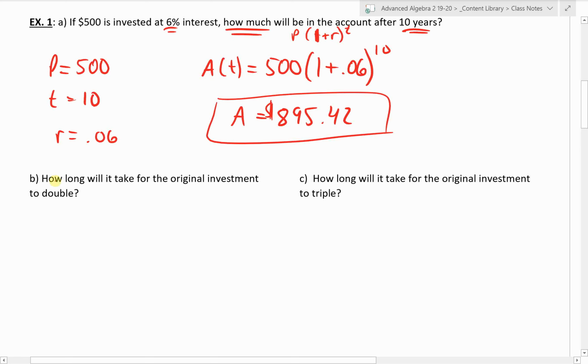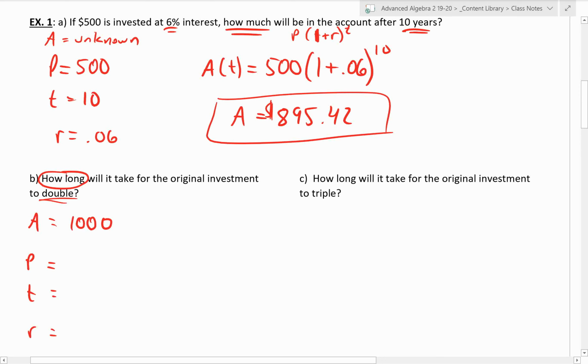So here the question is changed from how much will we have, which is a straightforward plug it in, to how long will it take, which means our unknown is going to be this variable t. We're going to have to use logarithms to solve it. Up here, A was the unknown, but now we know A because we want to know when the investment has doubled. That means there will be $1,000.